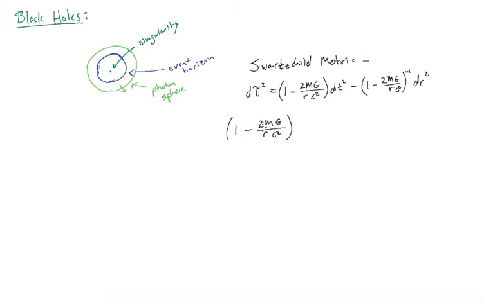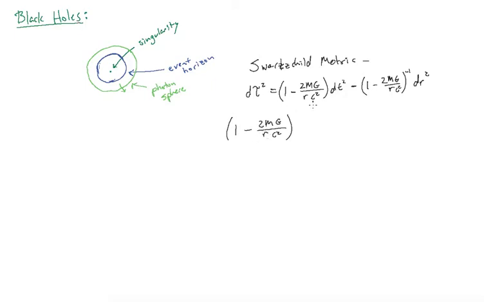But if 2mg reaches the value of rc squared, then this is 1 minus 1, it becomes 0. And if 2mg gets any bigger, then this becomes a bigger number over a smaller number, and the sign of this flips.